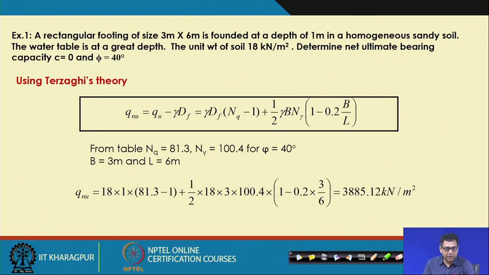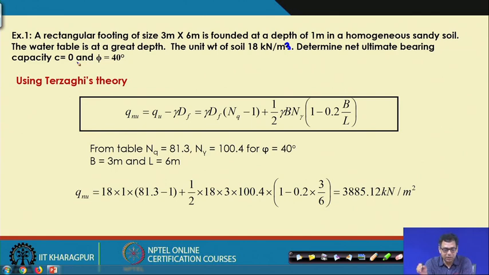The water table is at a great depth, the unit weight of soil is 18 kilonewton per meter cube. Determine the net ultimate bearing capacity if C is equal to 0 and phi is equal to 40 degrees.